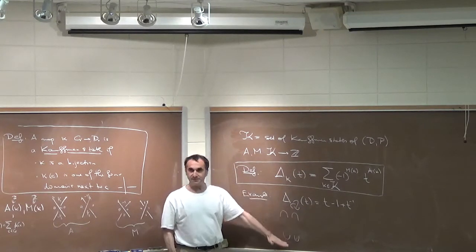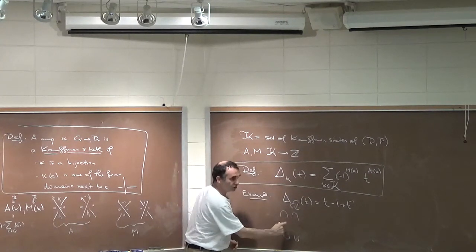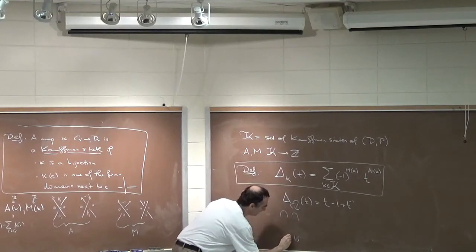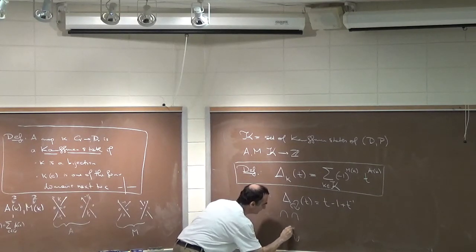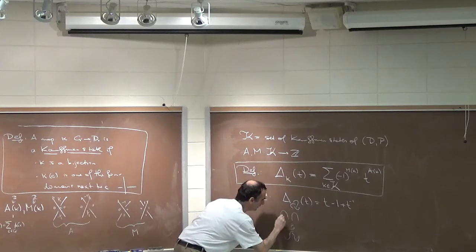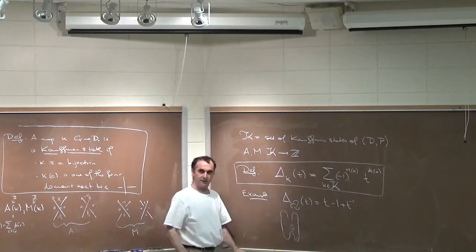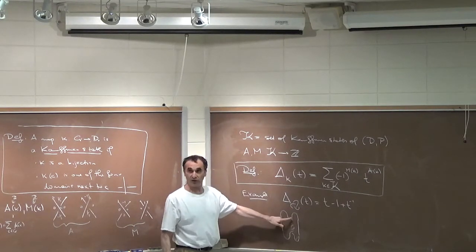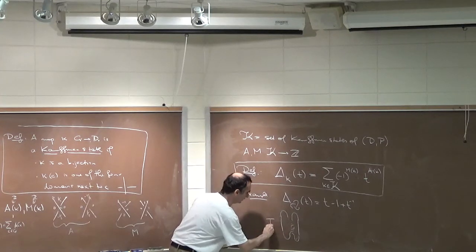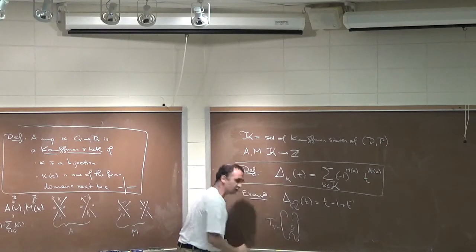So let's take this now. It has 2 maxima, 2 minima, and then I introduce 2n plus 1 such half twists. So there are 2n plus 1 crossings here. This is called a 2n plus 1 torus knot.